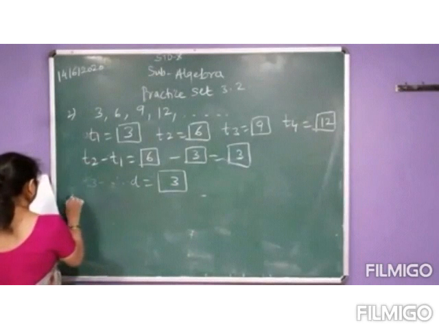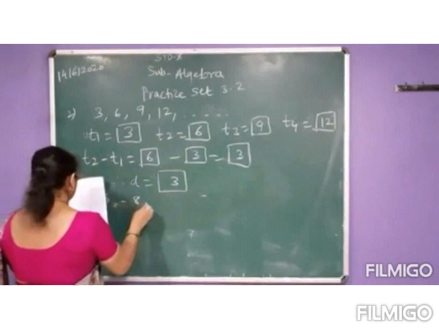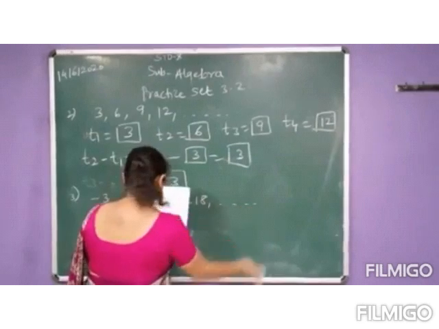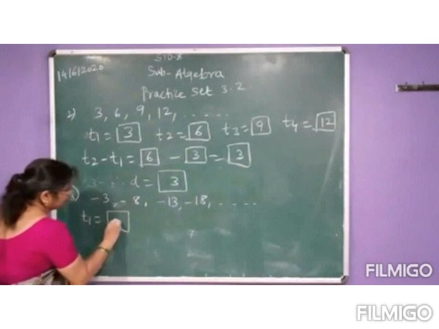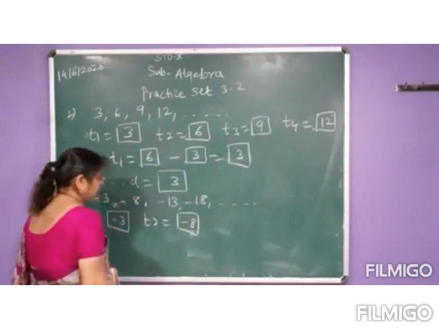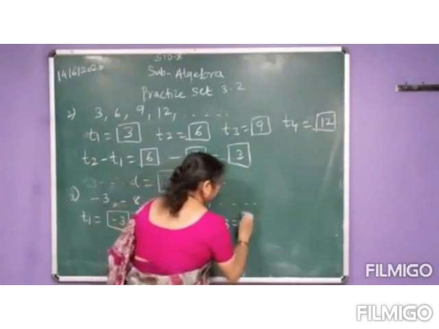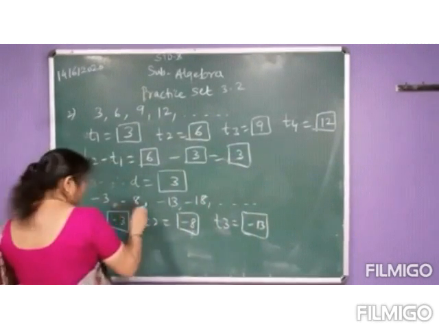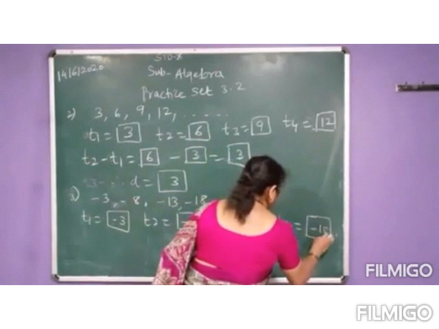Now we will go for the third example. Minus 3, minus 8, minus 13, minus 18 and so on. Correct? Now here again, T1 is a box. So minus 3, T2 is minus 8, T3 is equal to minus 13, and T4 is minus 18.